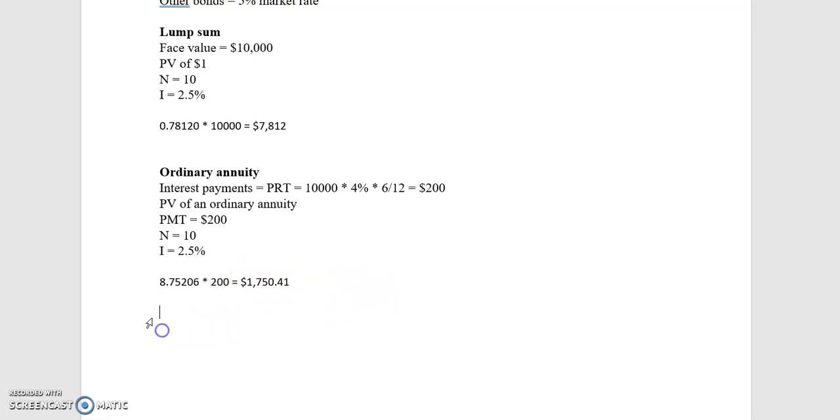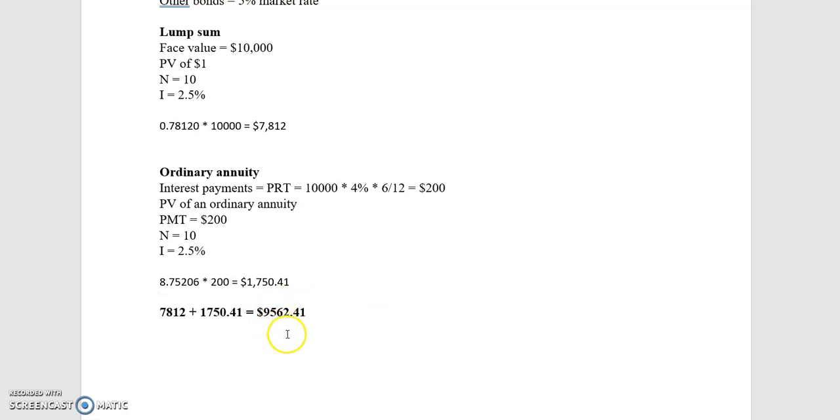All right, last step. Now that we know the present value of the face is $7,812, and we know that the present value of the interest payments is $1,750.41, we can add those together to find the full present value of the bond. So we find that the present value of this bond is $9,562.41.